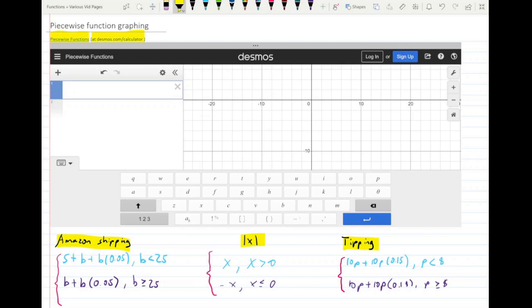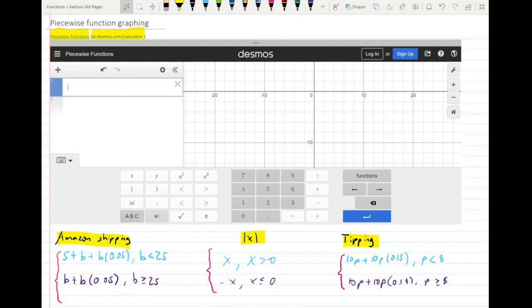tipping cost. Now, there's a couple of differences between the way you type these things into Desmos and the way you write them down on the paper. First being that the only variable that Desmos accepts is x. So despite the fact that I've used b here to represent the base cost, I'm going to use the variable x instead of b, because that's what Desmos allows.